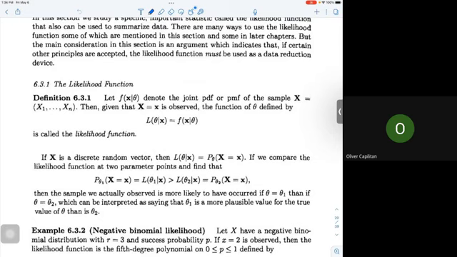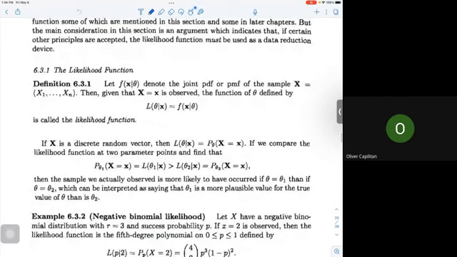So we let f of our observed sample bold x given our parameter theta. Theta here is unknown, but it is fixed. So denote the joint PDF or PMF of our sample, which is actually an IID random sample, or the random variables x sub 1 up to x sub n.